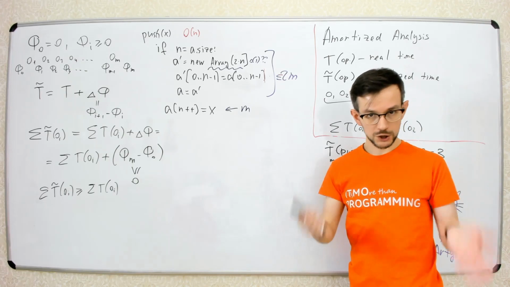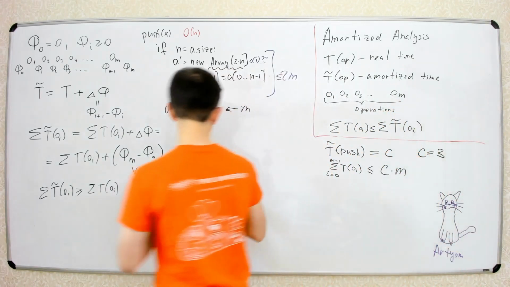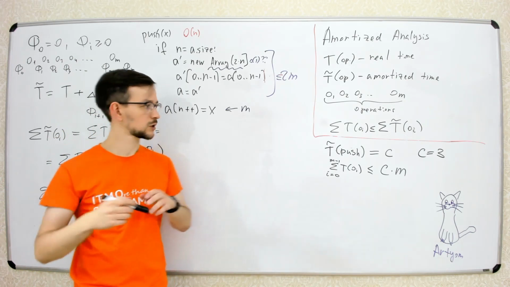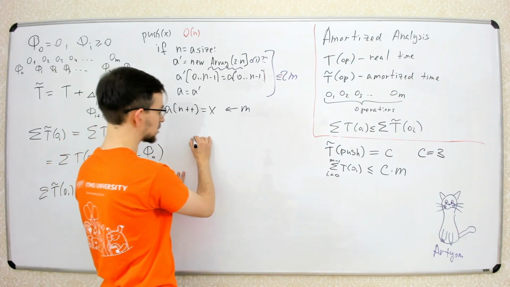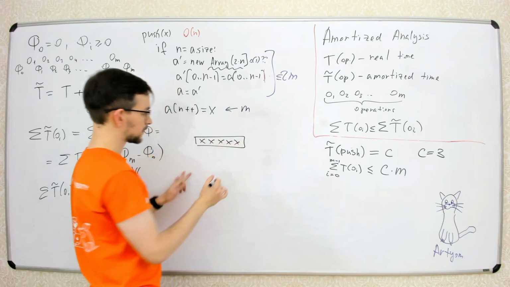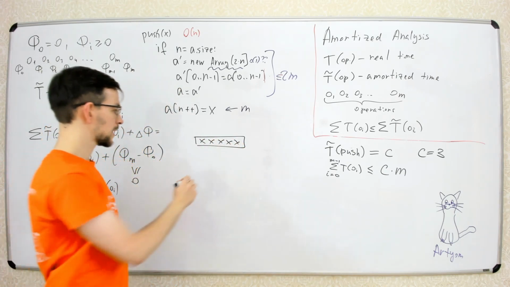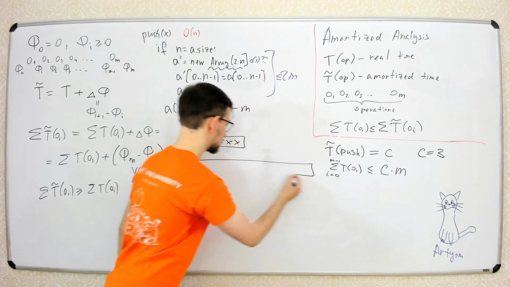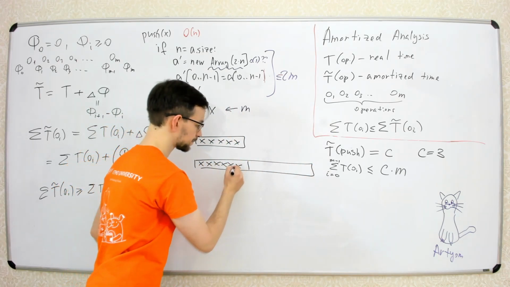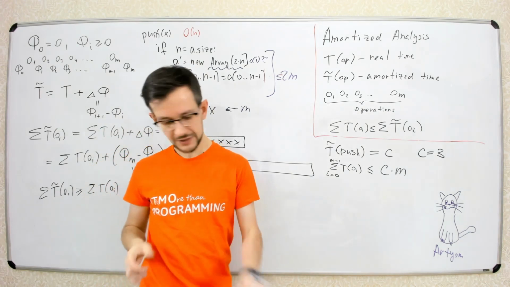How to find a good potential function? Very simple. Let's look at what happens when you have some slow operation. We have some full array, and then we copy elements to this array. So we copy these elements here.